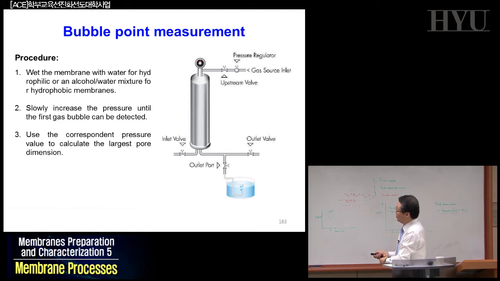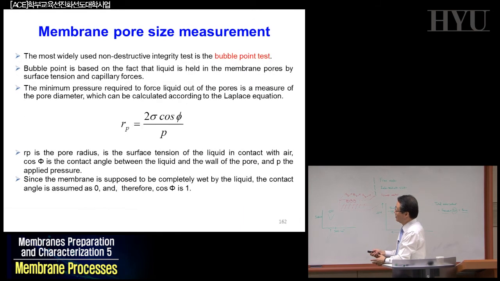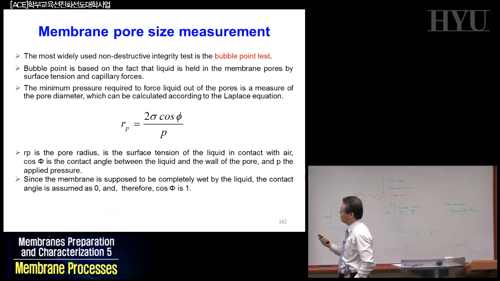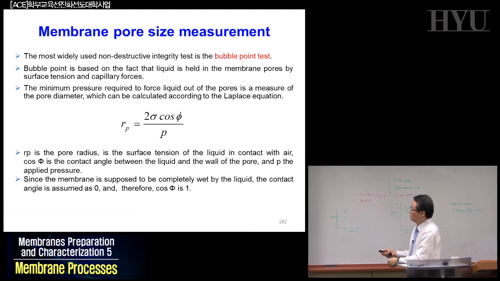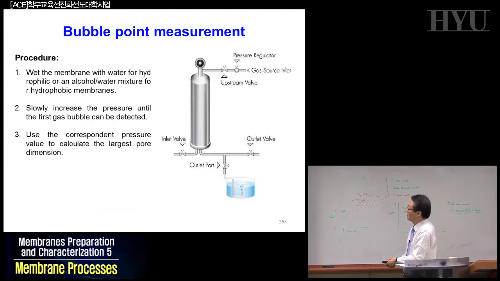You measure the pressure at which the first bubble comes out, and that's the pressure P that you measure. By knowing the surface tension and contact angle, you can calculate this RP. Usually, your instrument will provide you the RP automatically.